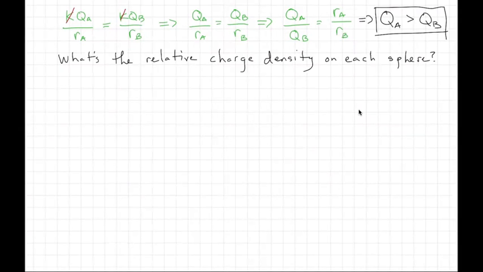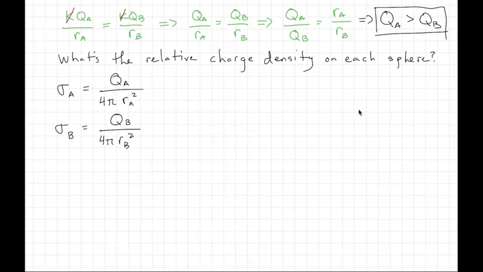On sphere A, the charge density, sigma A, would be QA over 4 pi RA squared. And the charge density on sphere B would be the same thing, just with B's instead of A's. So QB over 4 pi RB squared.